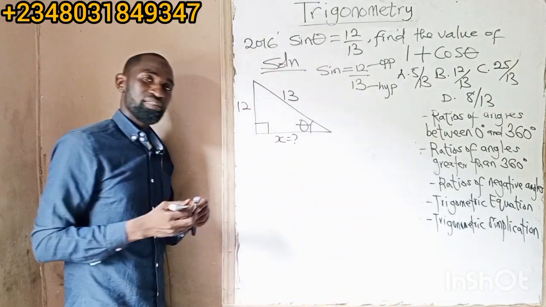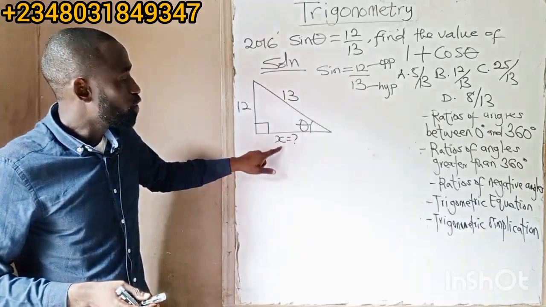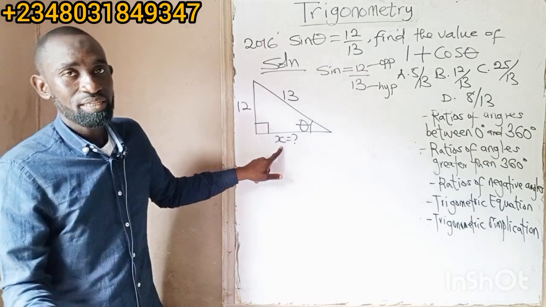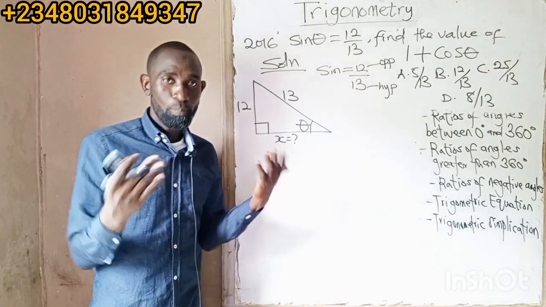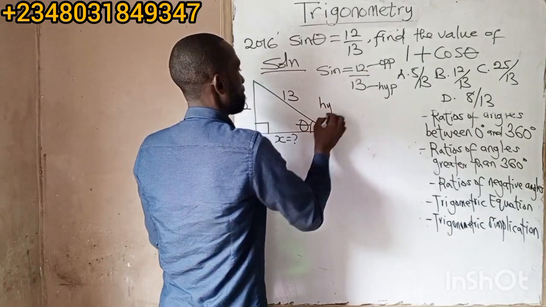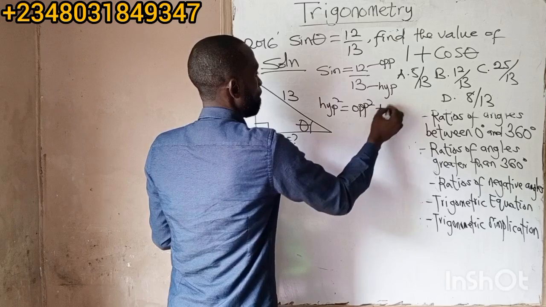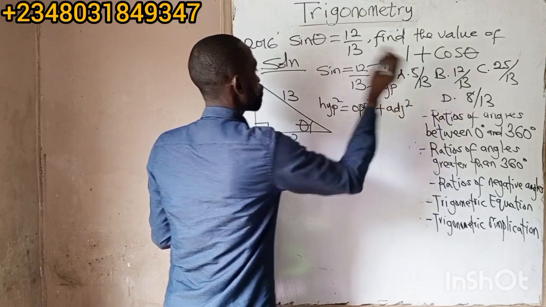Class, when I have two sides given, and I am required to find the third side, we are going to use Pythagoras theorem. So I'll say the theorem: hypotenuse all squared equals opposite all squared plus adjacent all squared.